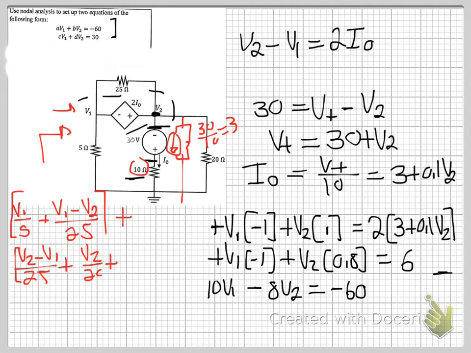So we need to just add one more V2 over 10, and this is because our current is flowing out of the node, because remember, with our nodal analysis we are assuming that the currents are flowing like this, and this is flowing in that direction, so that's why it is on the positive side. All of that is equal to 0.